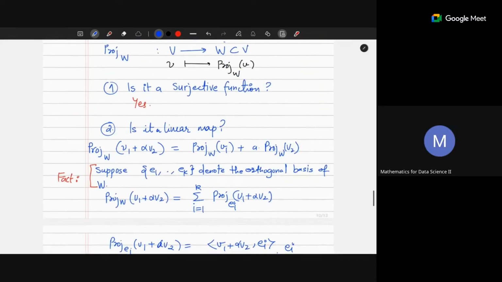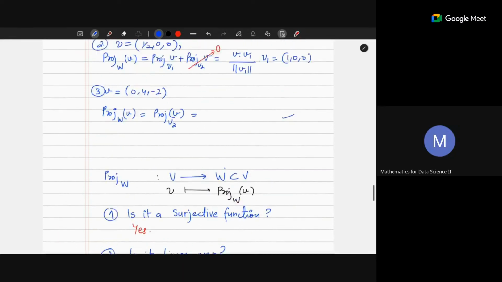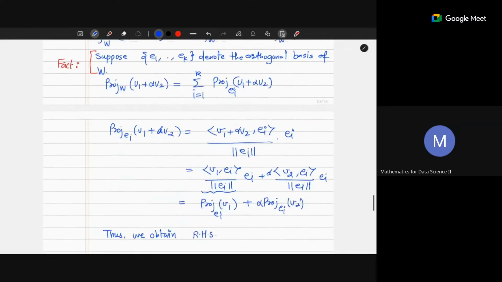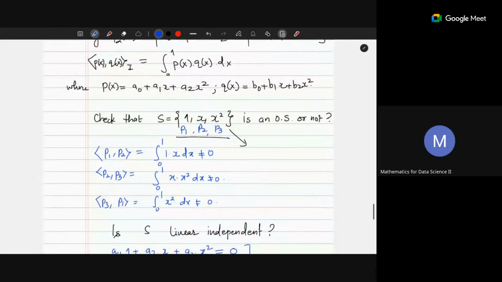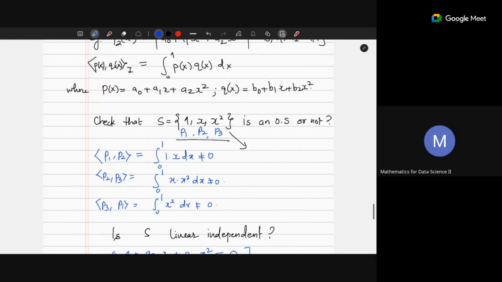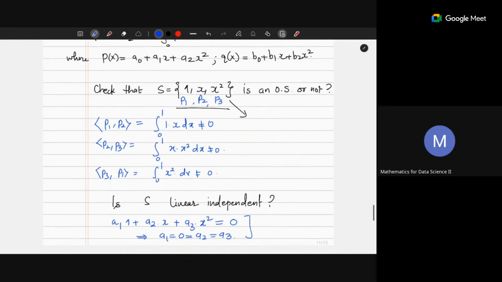Then we saw projections of vectors onto a subspace. We also saw the example with the inner product on polynomials of degree less than or equal to 2, where the set is linearly independent but not an orthogonal or orthonormal set.